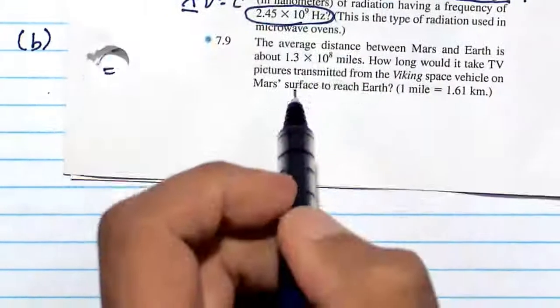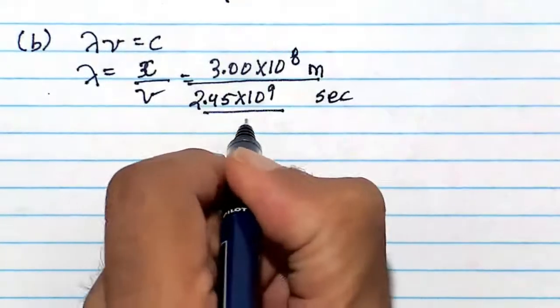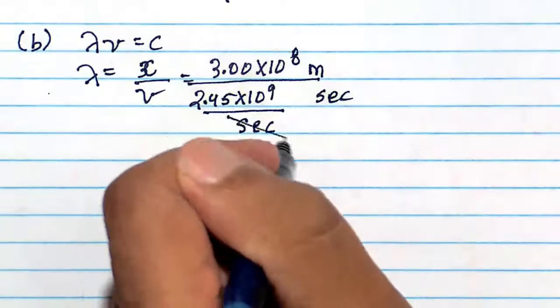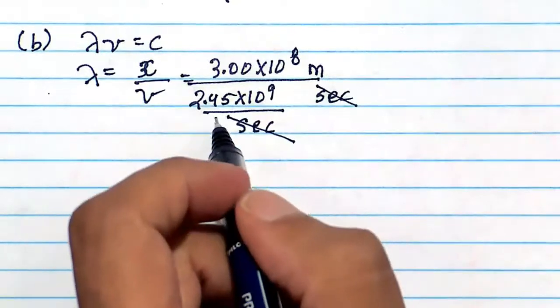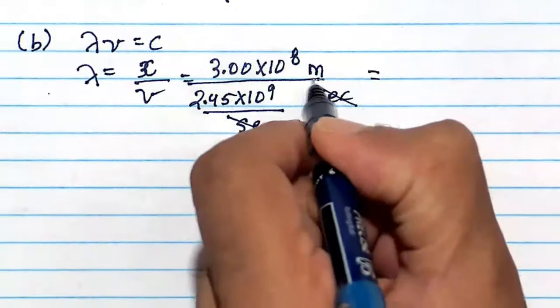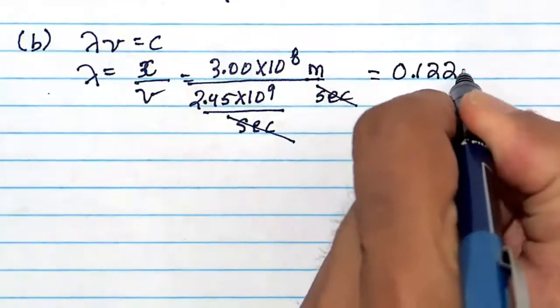That's what they gave us here. Hertz is 1 over seconds, so I'll just put in over seconds here. And seconds cancel. So 3 times 10 to the 8th divided by 2.45 times 10 to the 9th. Doing that on my calculator and getting the final units of meters, I'm getting 0.122 meters.